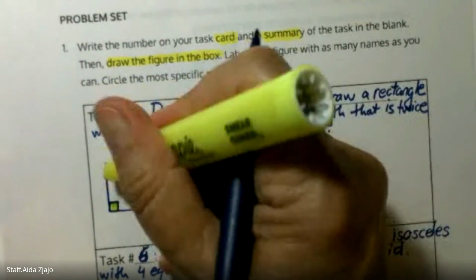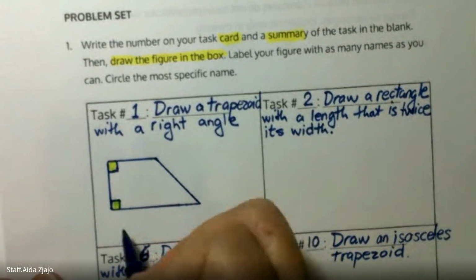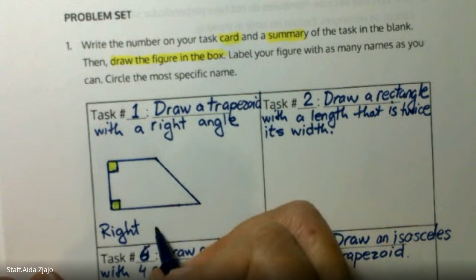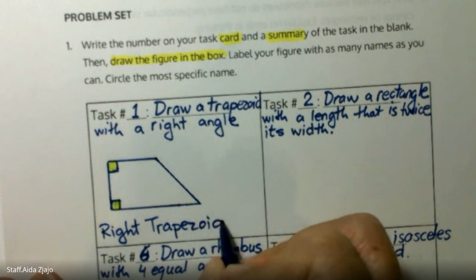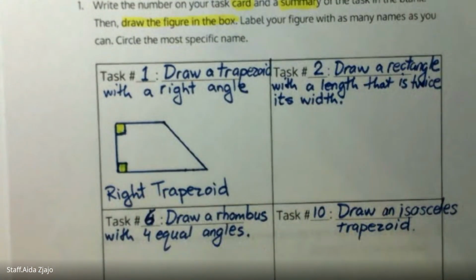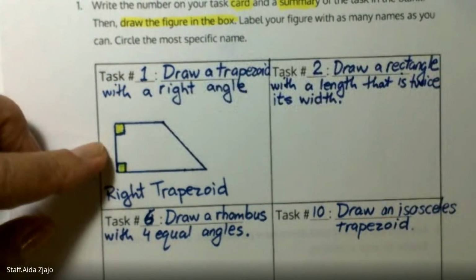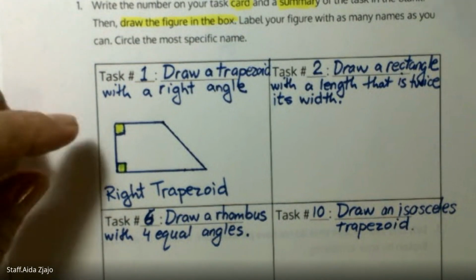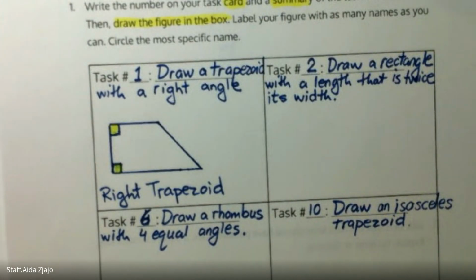This is called a right trapezoid, and it has at least one right angle. When you have at least one right angle and at least one pair of parallel sides, this could also be a square or a rectangle.